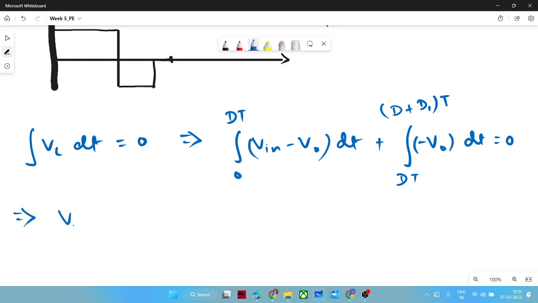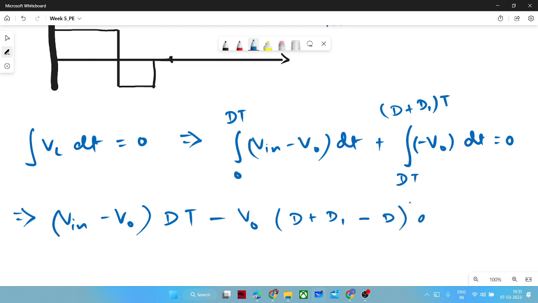Now, if we simplify, (V in minus V naught) into d plus (minus V naught) into d1 equals 0.